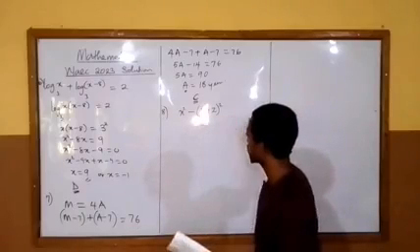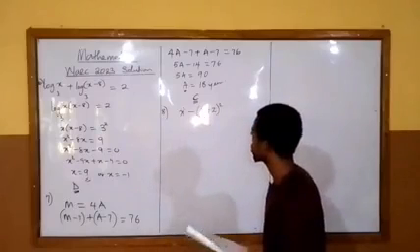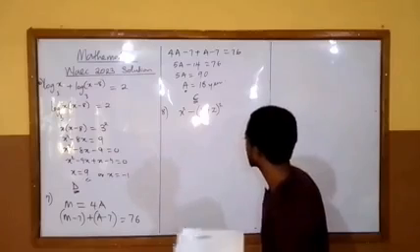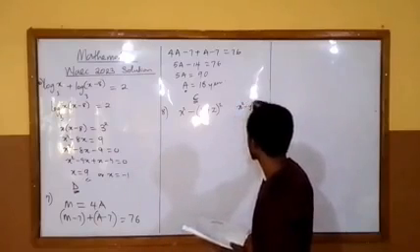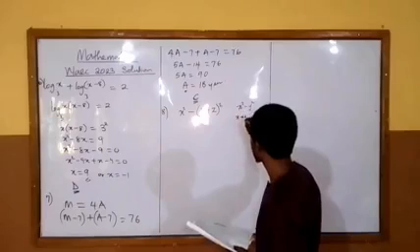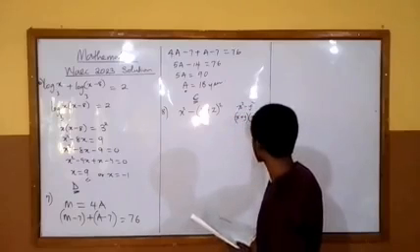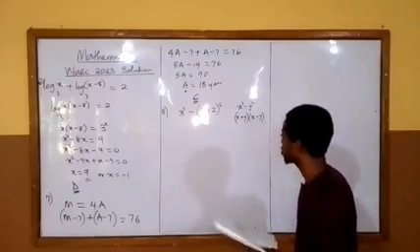Immediately you see this kind of question, you know this is factorization of the difference of two squares. When you factorize the difference of two squares, of the form x squared minus y squared, the factorization will be (x plus y) times (x minus y). This is the format for factorization of the difference of two squares.